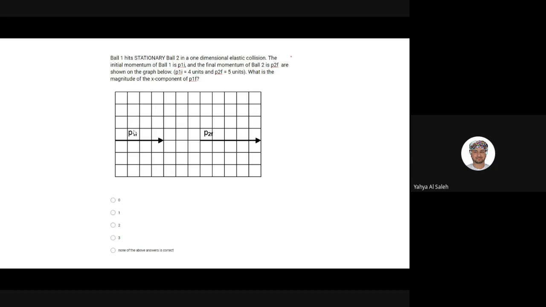Okay, someone said 1 maybe. Remember, it's asking for the magnitude, not the actual number.